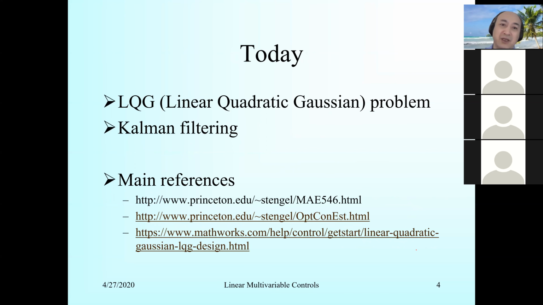Today we are going to talk about LQG, linear quadratic Gaussian. Most of the slides are from Princeton, Professor Stengel's course material, and we also have an LQG design website with MATLAB commands. Here we are going to learn the Kalman filter.